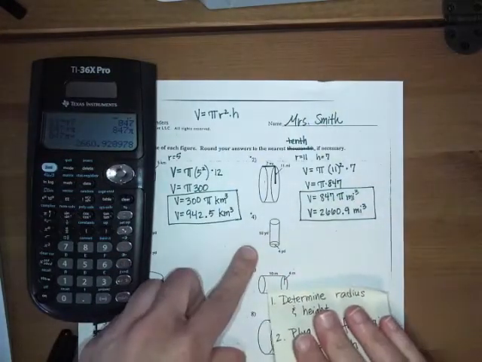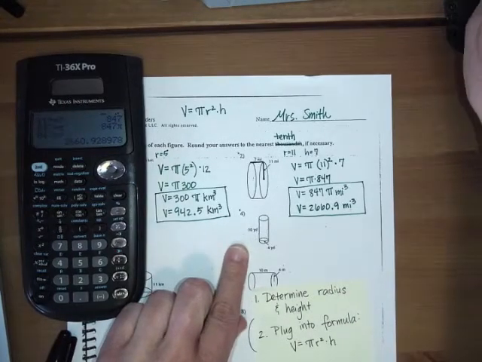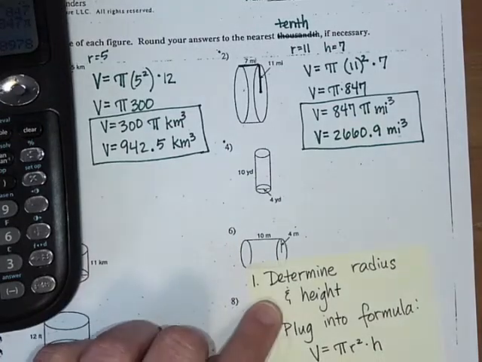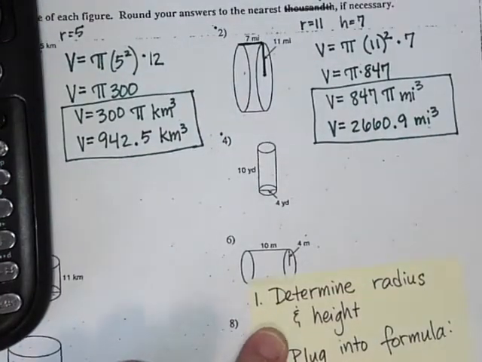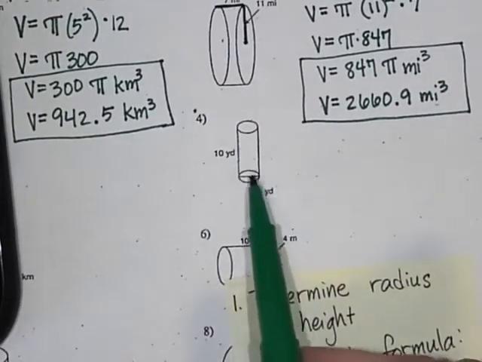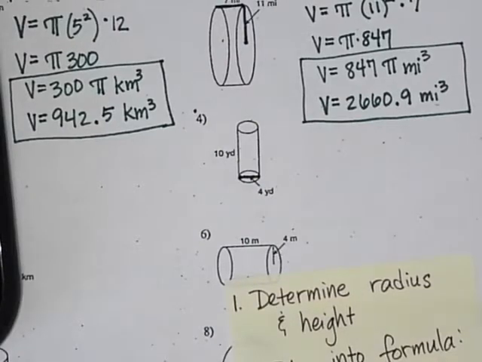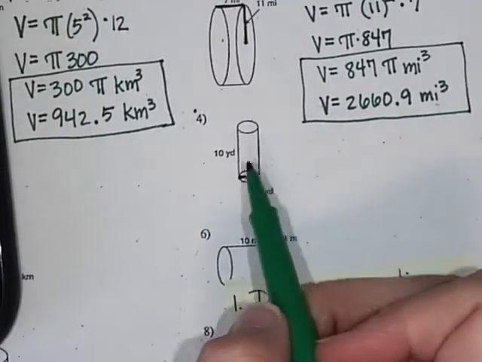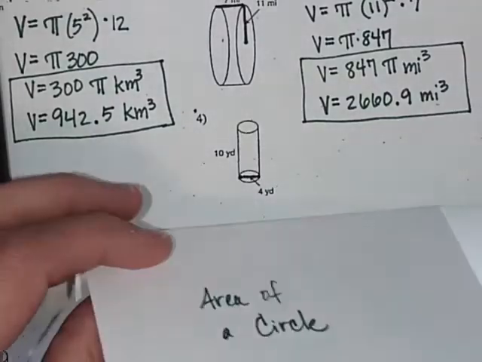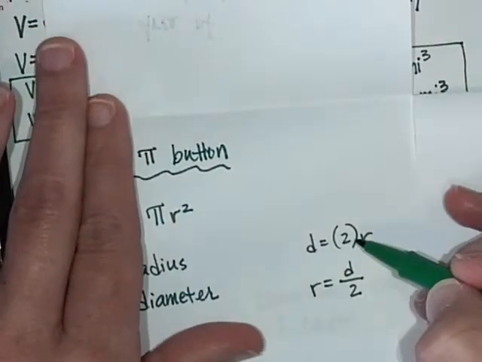All right, number 4. Let's zoom back in. So step 1 on our list of steps is, again, to determine the radius and the height. This time it's not completely given to us. It looks like we have a 4 down here. Now what is this? It goes all the way from one side of the circle to the other side of the circle. So that must be the diameter. And we know from our flippy notes yesterday that the diameter is twice as big as the radius.